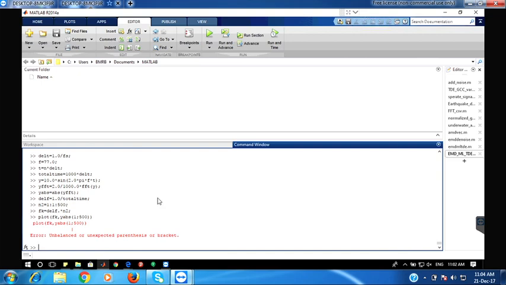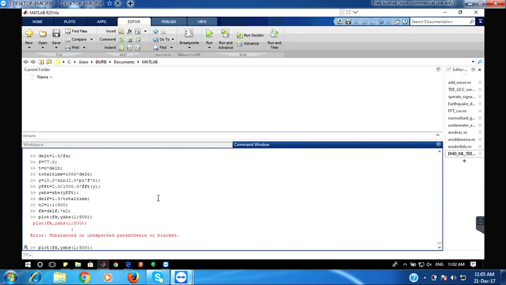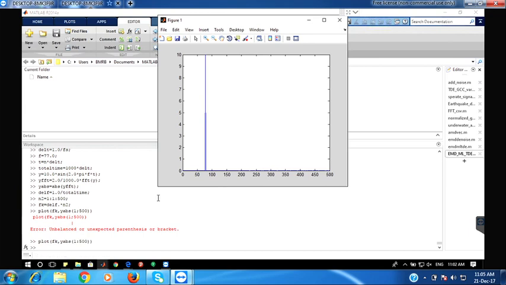Oh, okay, I made a mistake here. This should have been a colon instead of a semicolon, so I will correct it. It is good to make such mistakes, so that you get to feel it.